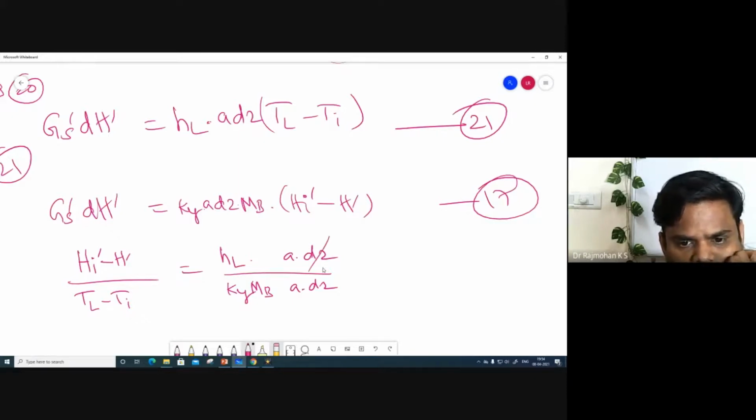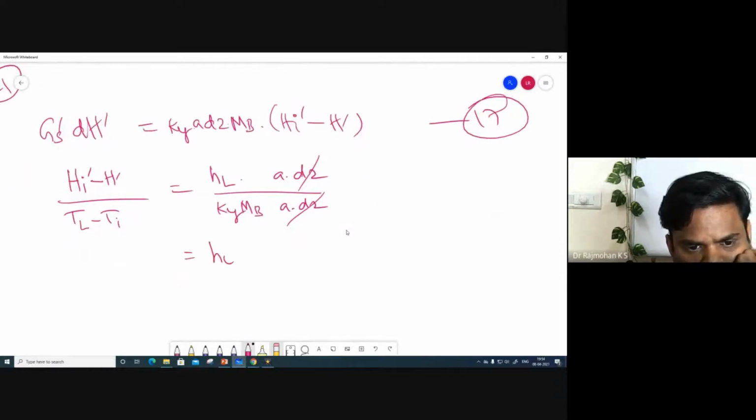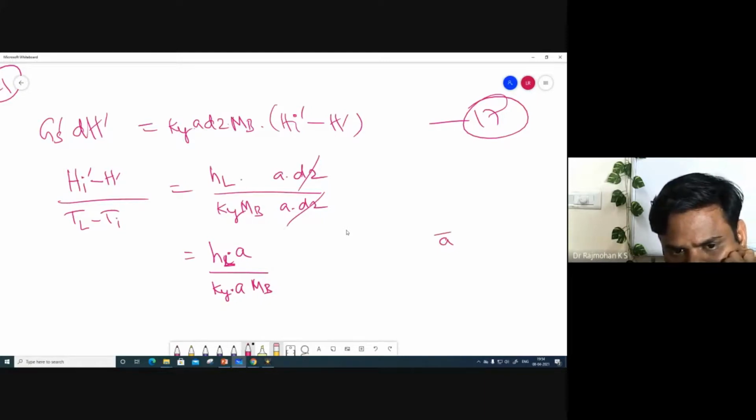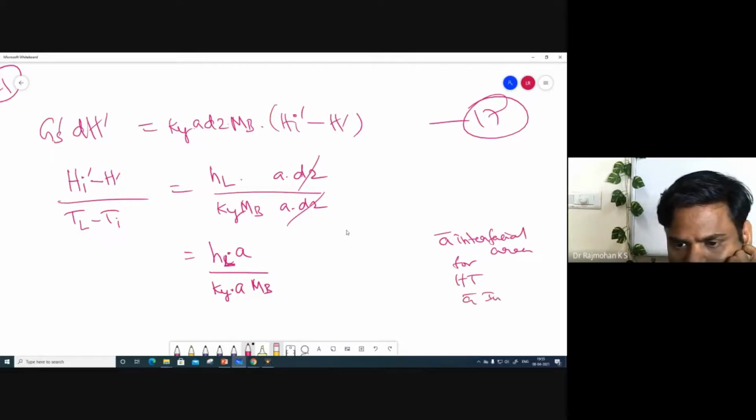This dZ is the same, so it will get cancelled. So we can write hL into a over ky into a Mb. We have seen that the interfacial area for heat transfer and the interfacial area for mass transfer are the same a, so in that case this a will get cancelled.